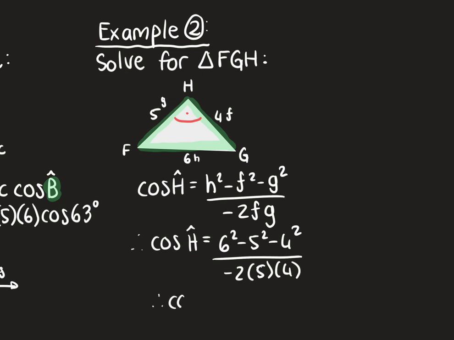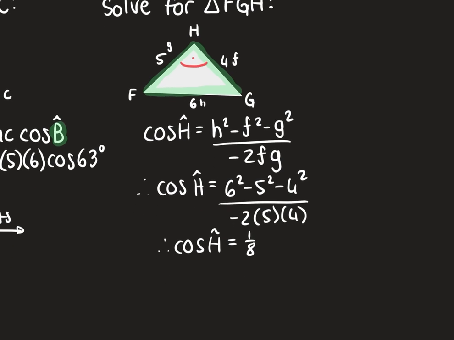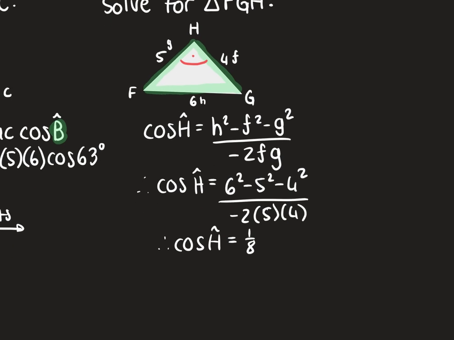Okay, so therefore cos H equals, put it in our calculator, fraction button, 6 squared minus 5 squared minus 4 squared, all over minus 2 times 5 times 4. I get 1/8. It's a very small angle, but we haven't worked out the angle yet, guys. We still need to shift cos. So H is going to be cos to the minus 1 of 1/8.